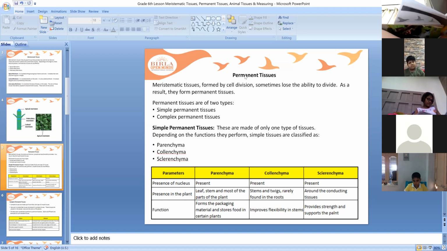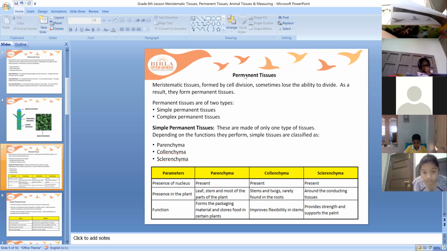Where is its location? In leaves, stem, and most parts of the plant. Collenchyma is present in stems and twigs, rarely found in the roots. Write down the differences between parenchyma, collenchyma, and sclerenchyma in your class books.